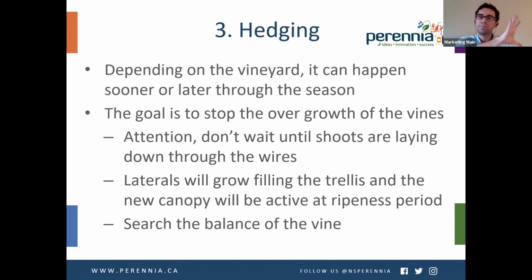Because the middle and old leaves will be quite old, so they will not be exporting photosynthesis, they will be consuming, they will be parasites. So only the top of the canopy at the end of the season will be active. That's why we want to enhance or create a new canopy. And also the goal is to search for the balance of the vine.